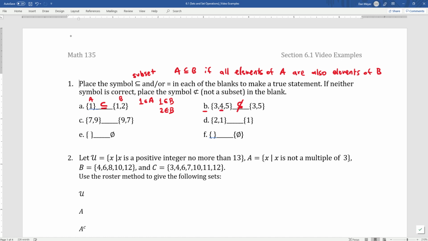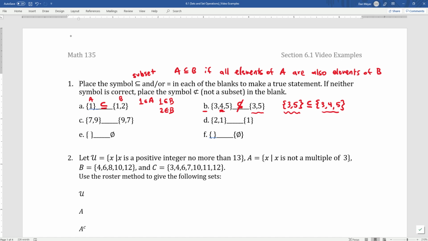There's an element here that doesn't show up over here. All right, so I introduced something new. Now it is the case that the set consisting of the elements 3, 5 is a subset of the set consisting of the elements 3, 4, and 5, because everything I see over here also shows up over there.